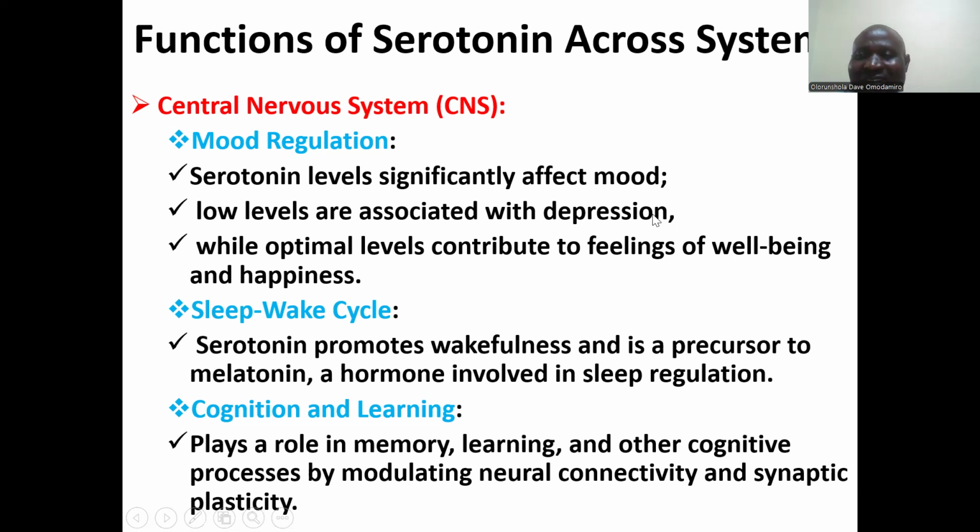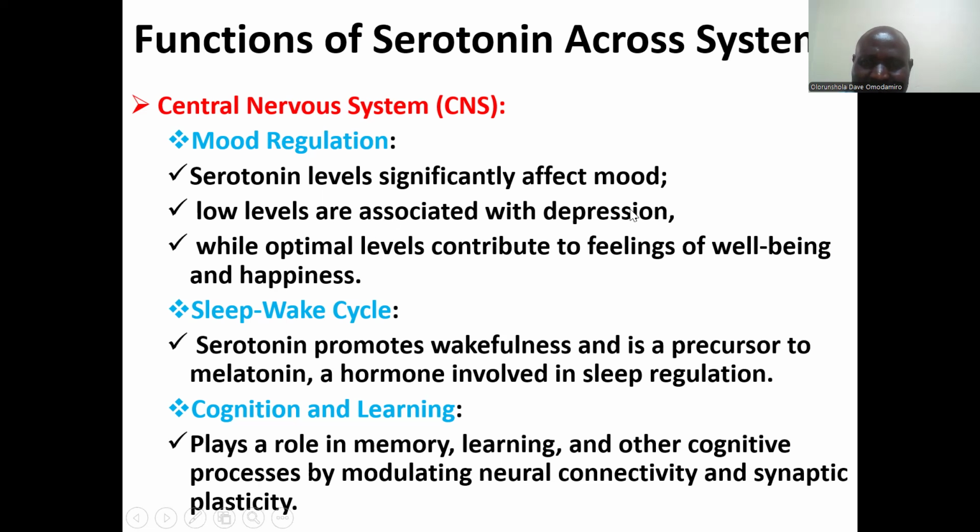Of course, it is actually called the happy hormone, but a low level of serotonin is associated with depression, while an optimal level contributes to the feeling of well-being and happiness. That's why we call it the happy hormone. So it regulates the mood.